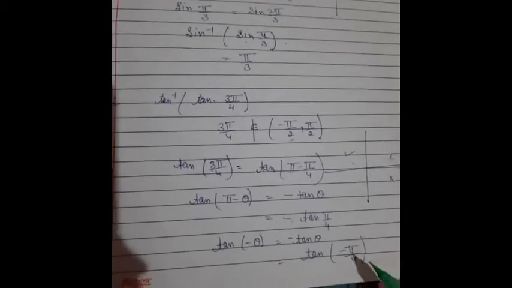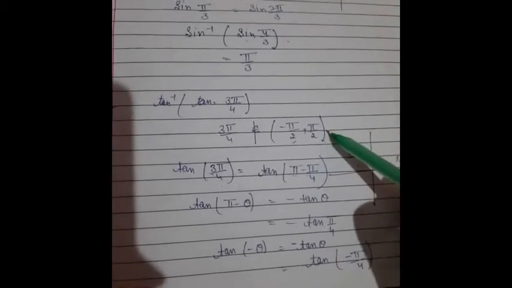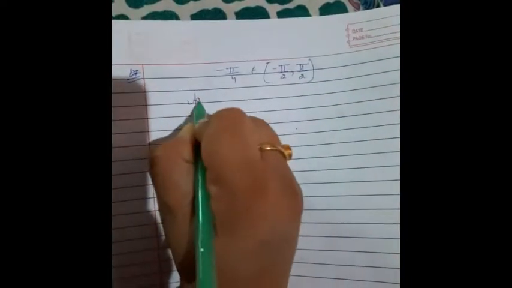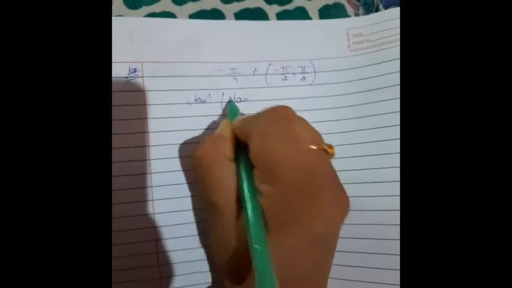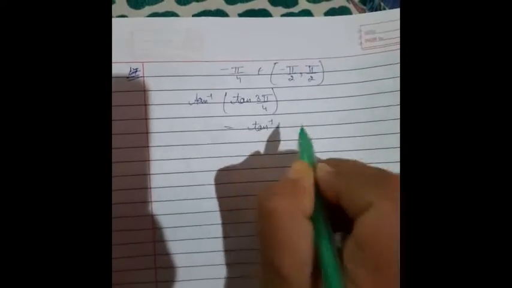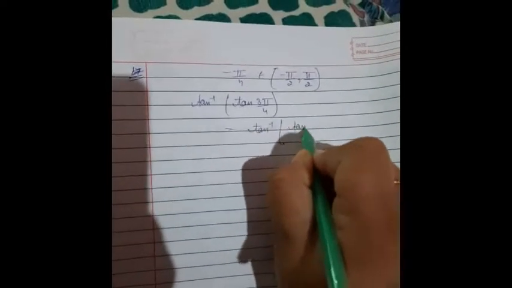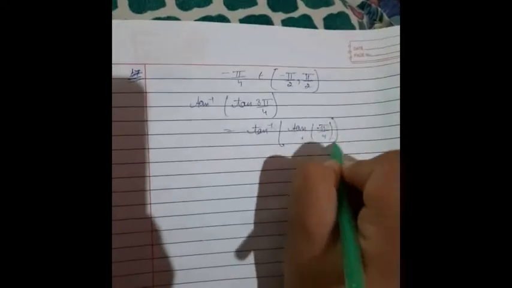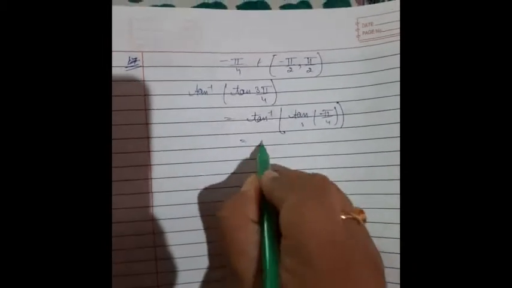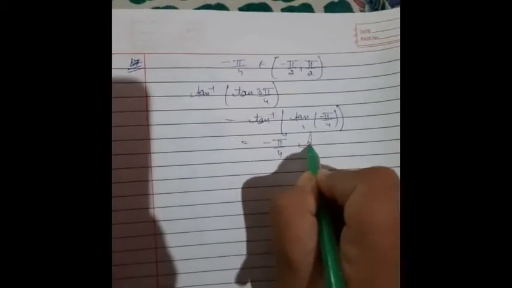Now minus pi by 4 lies between minus pi by 2 to pi by 2. That's why tangent inverse of tangent 3 pi by 4 can be written as tangent inverse of tangent minus pi by 4. Now it is invertible, that means their composition becomes identity. So your answer is minus pi by 4.